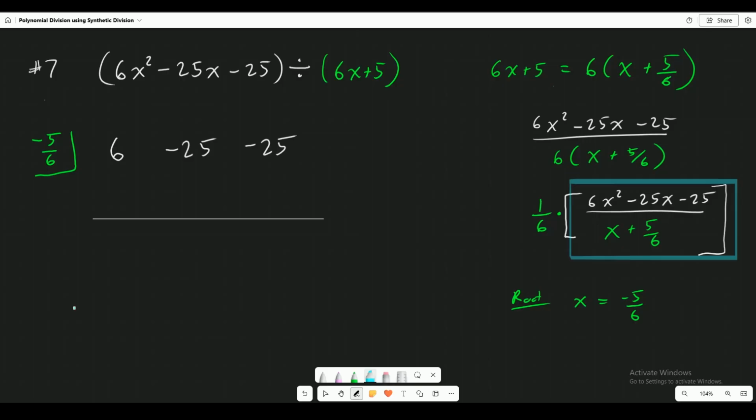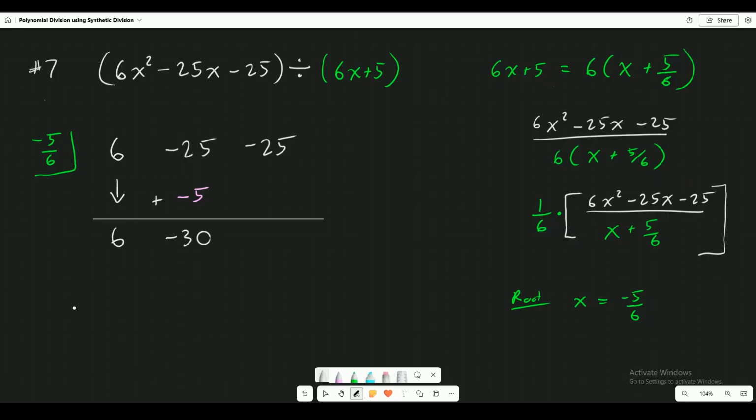So the end result has to be multiplied by 1/6 to get our final answer. So drop the 6. And now we have negative 5/6 times 6 is negative 5. We add them, right? So negative 25 minus 5 is negative 30.